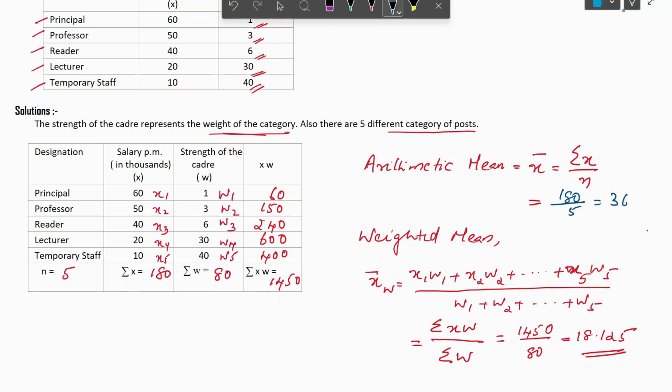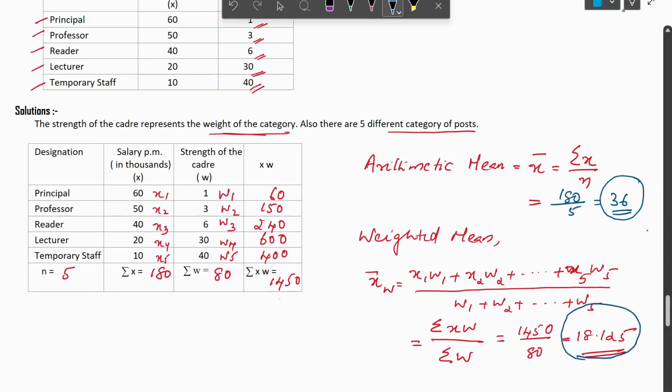The answer is 36. See here, the difference it is coming. The same question, once we calculate the arithmetic mean, the average is 36. But if we give importance to each and every item, then we calculate the weighted mean, that is 18.125. It's a huge difference, right? Therefore, that's the reason why considering both arithmetic mean and weighted mean gives a fair result.